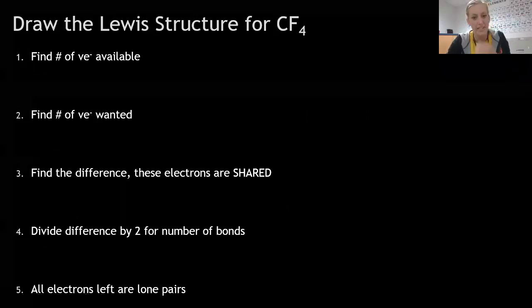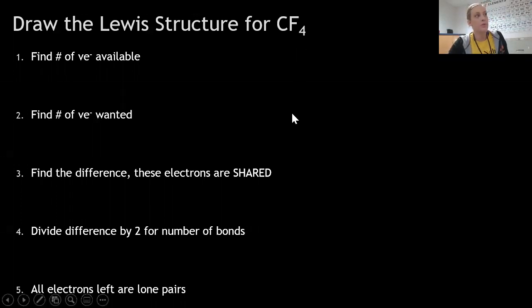Okay, all right. So for CF4, I want you to try to do each step on your own first. I'm going to give you about 30 seconds to start working through these steps, find the number of valence electrons, etc. So when we get down to the bonding part, that's where we're having most of our discussion.